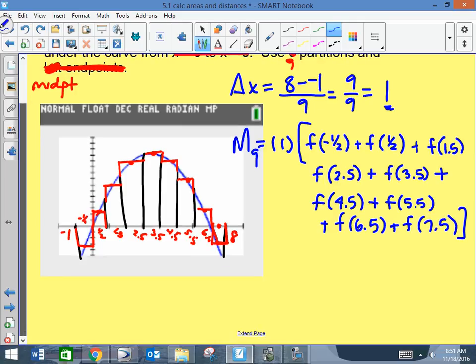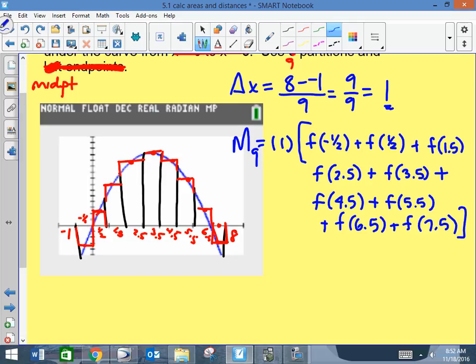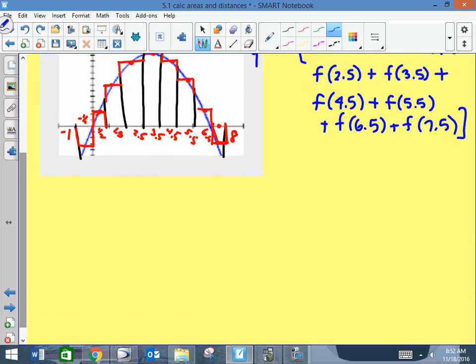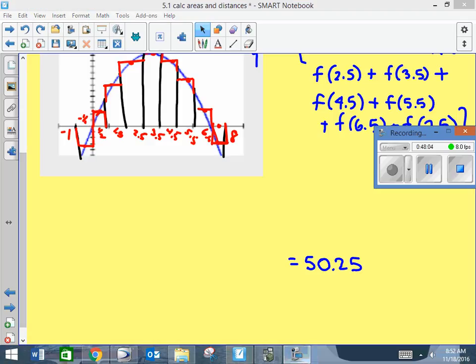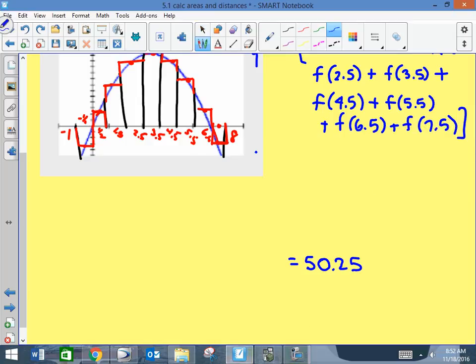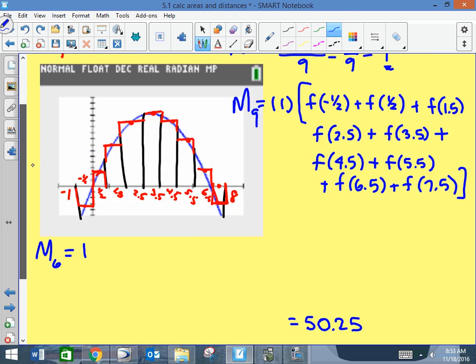All right, go to it. The answer here from the calculator should be close. You don't really, because it's just whatever it is.